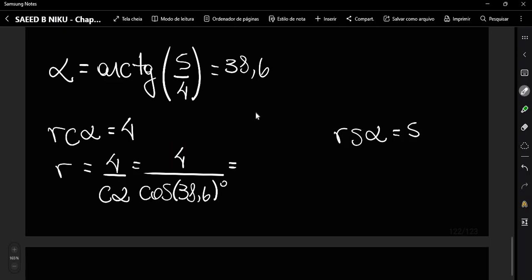And the same right here: R is equal to 5 divided by sine of 38.6, which is equal to 6.4.